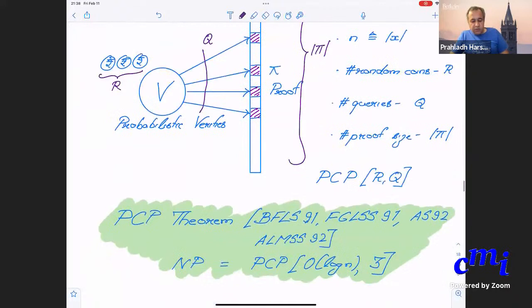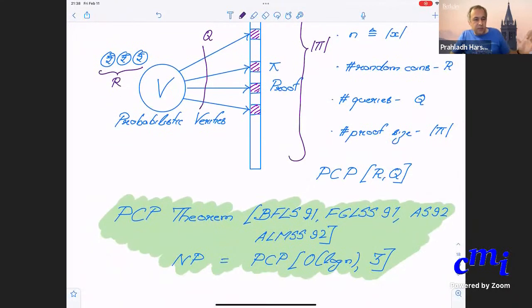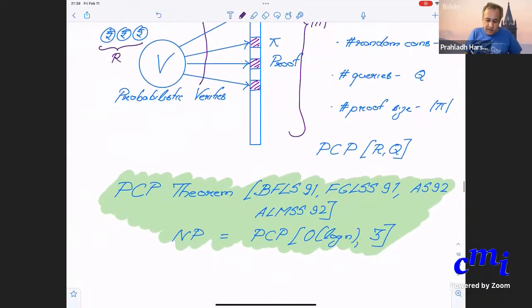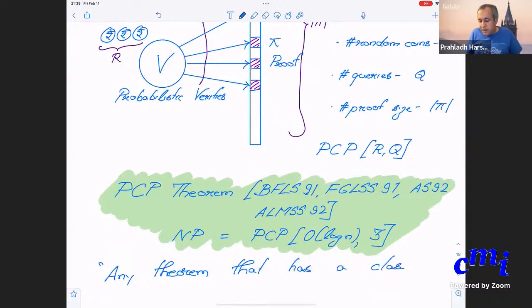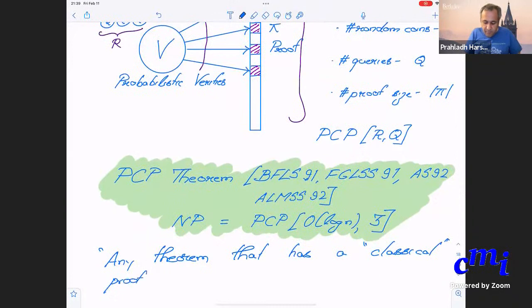An amazing theorem, proved in the early 90s as a culmination of work by several people, is that anything that can be proved in the NP sense has this sort of efficient version. You don't have to follow what this statement means. Informally, it just means that any theorem that has a classical proof, which I defined at the beginning of the talk, has another probabilistically checkable proof.